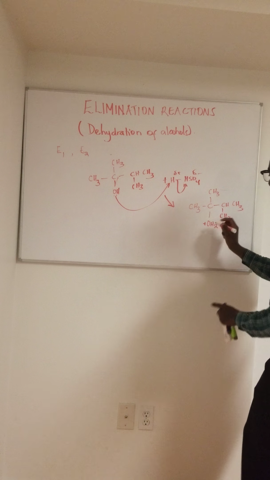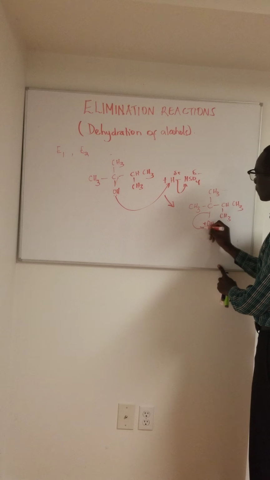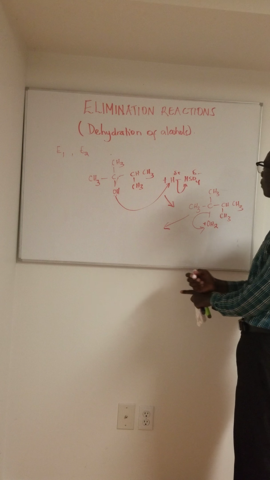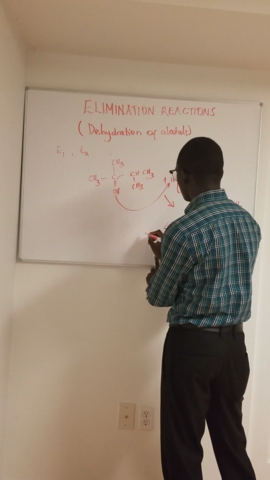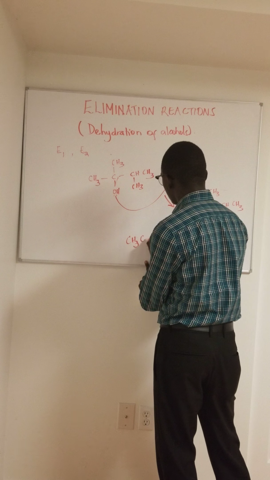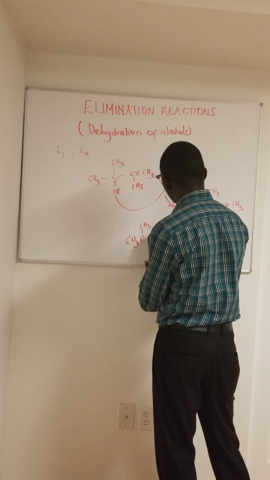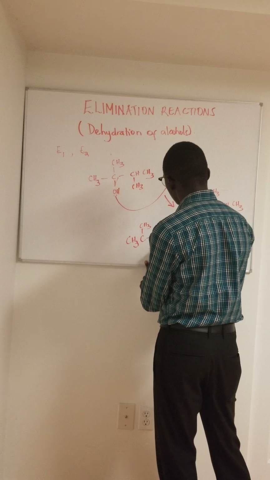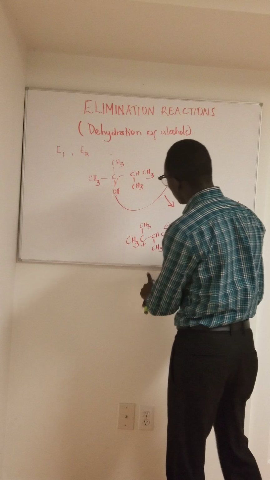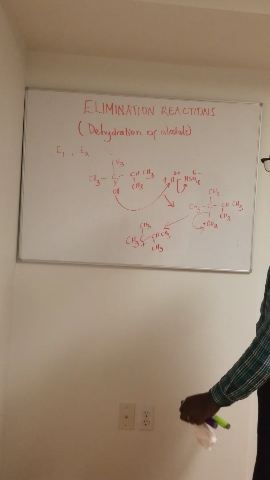Now this bond can break off because this tertiary alcohol can form a stable carbocation. So this forms this stable carbocation.